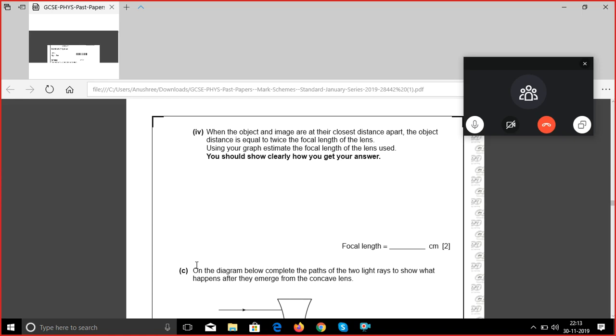Okay, so the object distance and the image, they're at their closest distance apart.